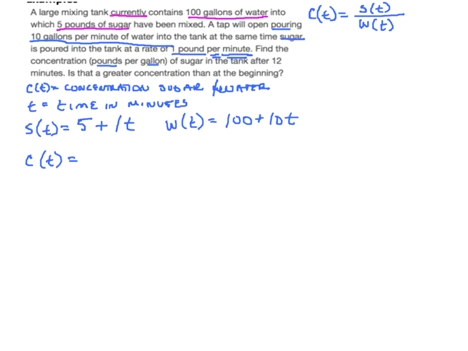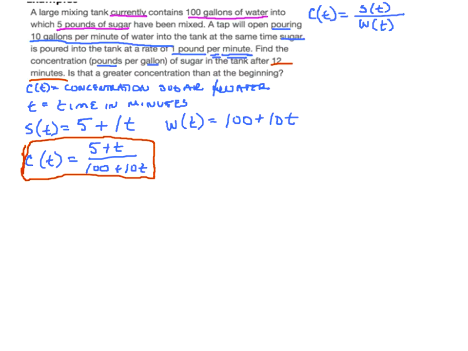I started with 100 gallons, and I add 10 gallons for every minute that the tap is open. So my concentration of sugar to water is equal to, well, 1T is just T, so 5 plus T divided by 100 plus 10T. There is your function that they asked for.